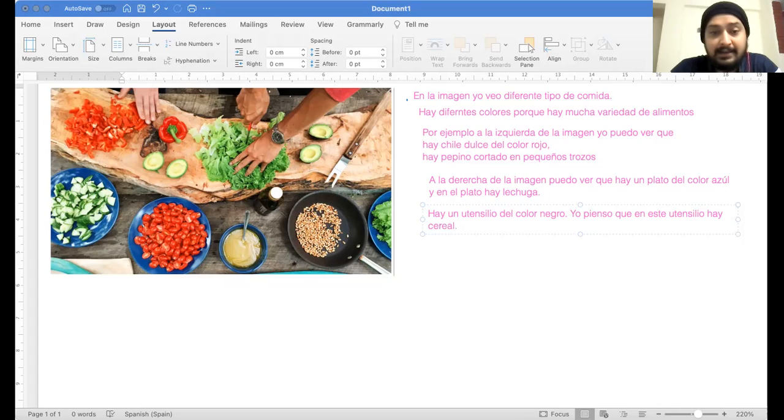cereal. En el centro de la imagen hay lechuga, abajo hay tomates, hay una salsa para poner en las verduras.